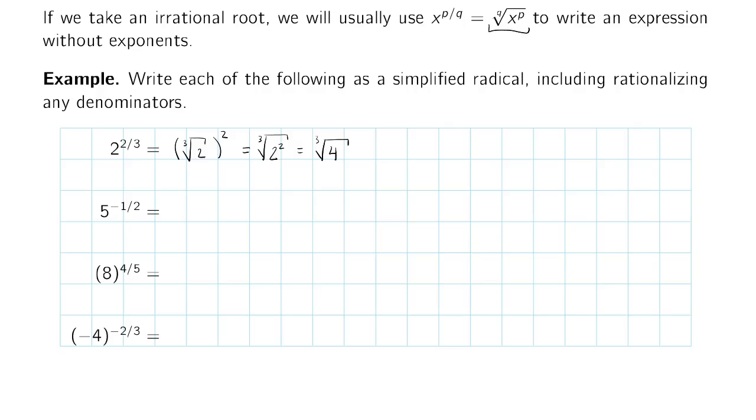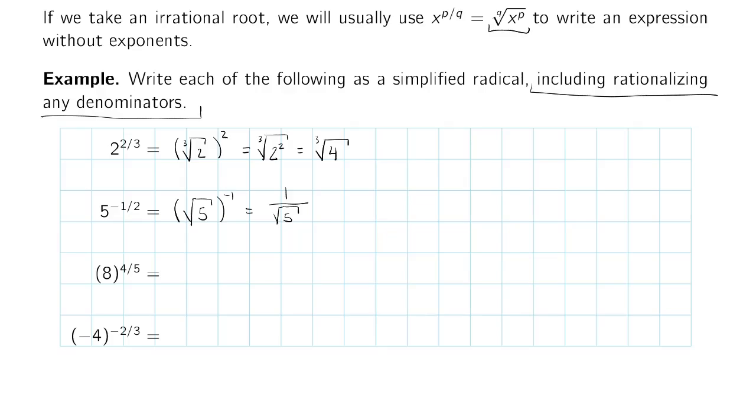5 to the negative 1/2, that's going to be the square root of 5 to the negative 1. And I think that in this case, I'm happy with writing that as 1 over the square root of 5. But I'm told to rationalize any denominators.